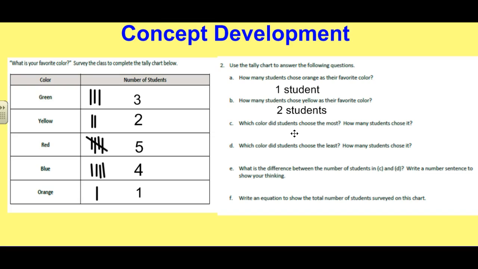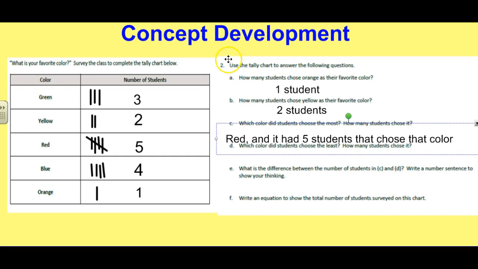Next question says which color did students choose the most? And then it says how many students chose that color. So I'm looking for the color that has the most votes, and that would be red, and it had 5 students that chose that color.